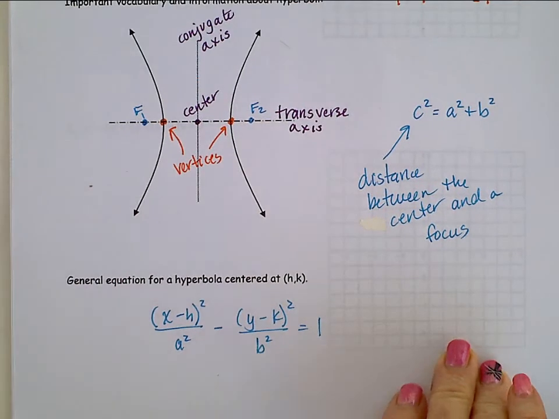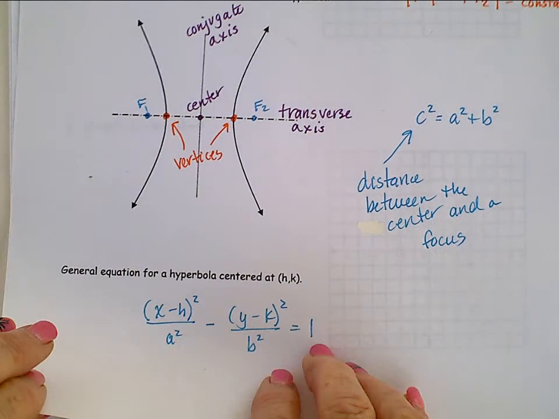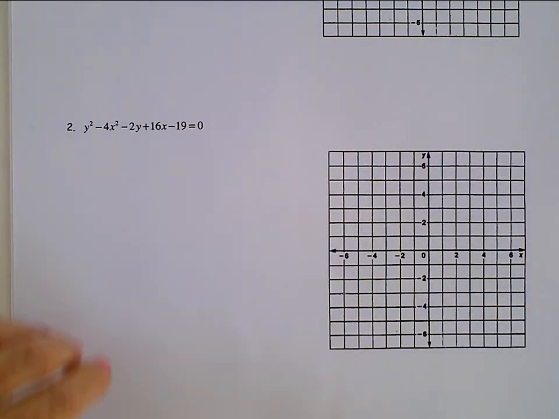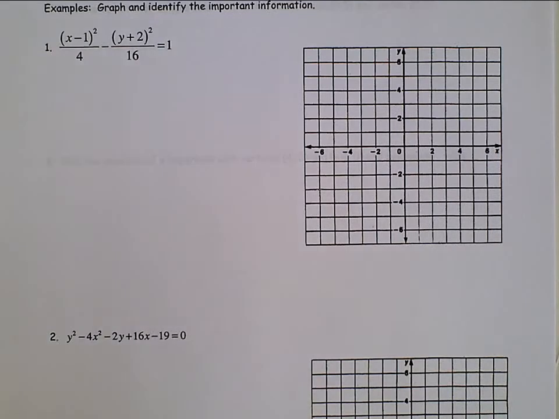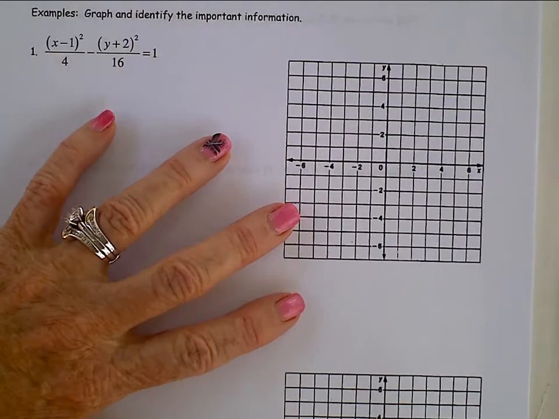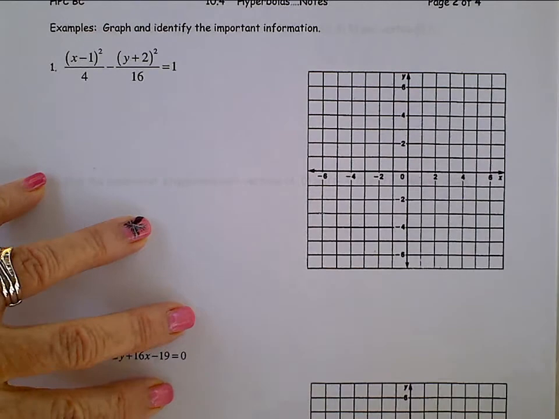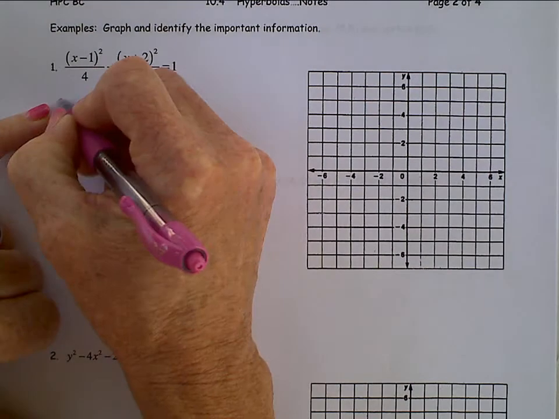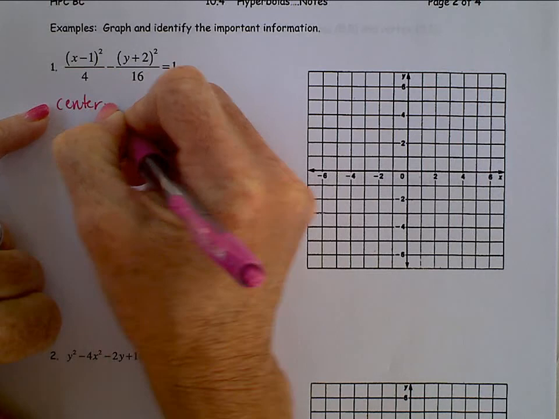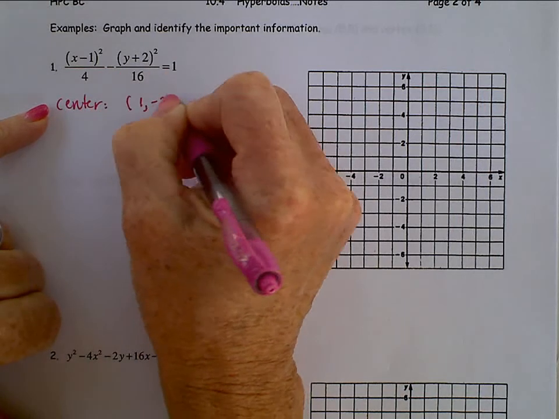All right, let's go graph a hyperbola. Starting right here. Graph and identify the important information. Okay, center is at (1, -2).